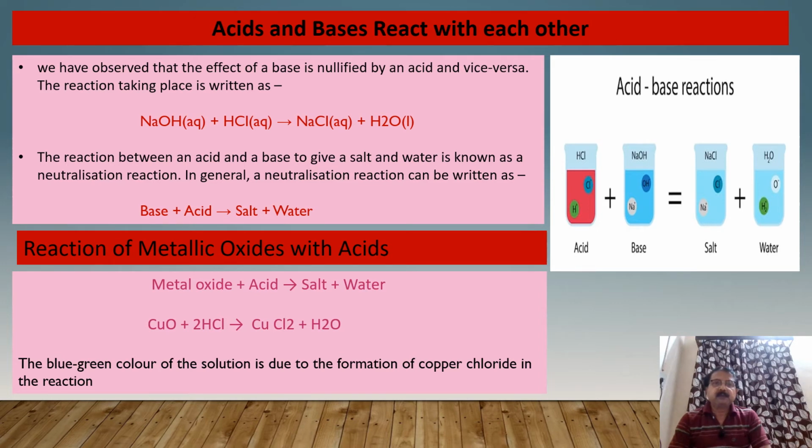We'll see here CuO plus 2HCl is reacting and giving the result CuCl2 plus H2O. Copper chloride plus H2O is water. The blue-green color of the solution is due to the formation of copper chloride in the reaction. Means when copper chloride is formed, it will give the blue color.